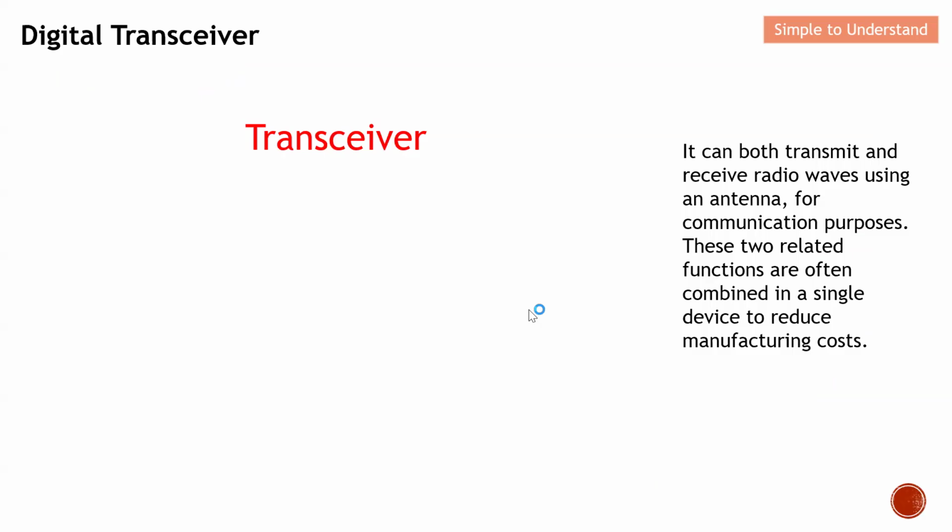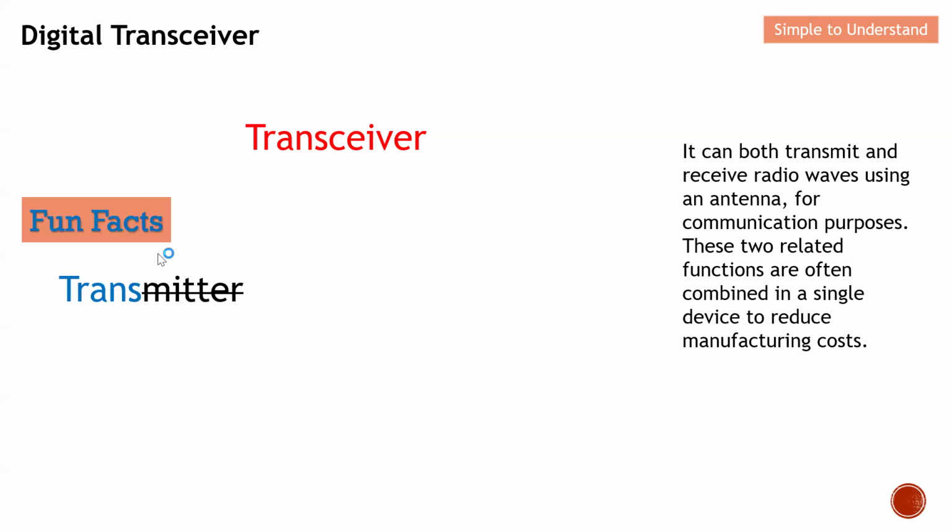Some fun fact before we kickstart the discussion. How does this name transceiver actually come about? Basically the name transceiver is obtained from transmitter and receiver. The trans is from the transmitter and the ceiver is from the receiver. In short, it's from transmitter and receiver. Therefore, a transceiver can work as both a transmitter and also a receiver.